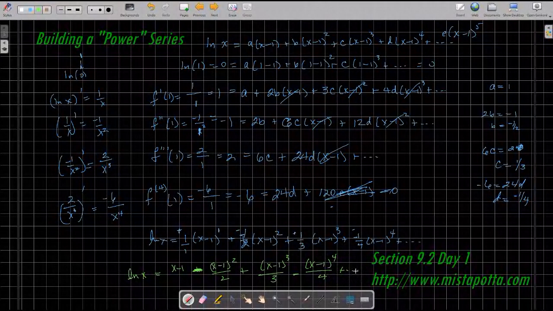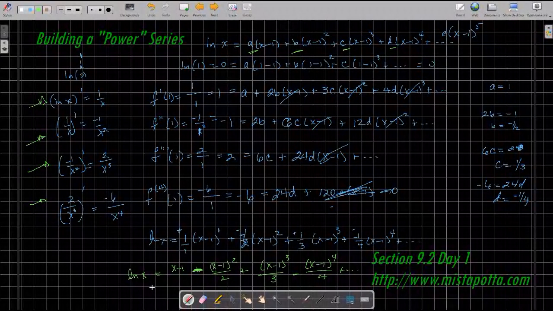So in other words, just looking at the values of successive derivatives and comparing them to what they should be in a polynomial actually gets me a series that looks very similar to the geometric series that we were talking about.